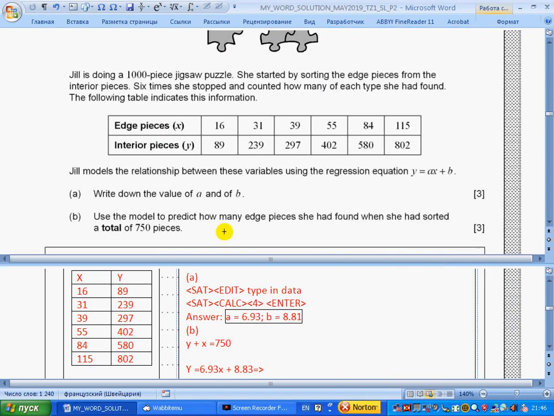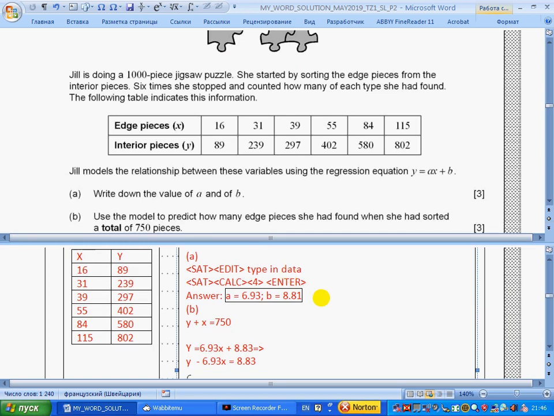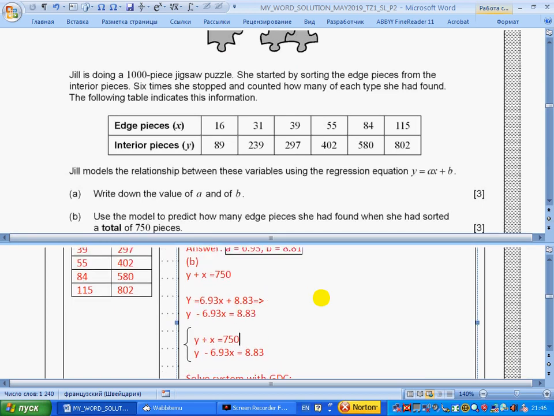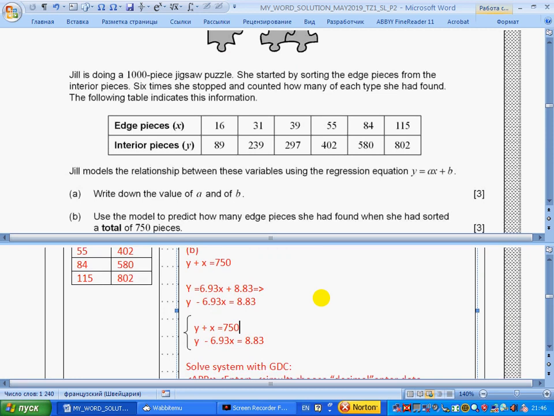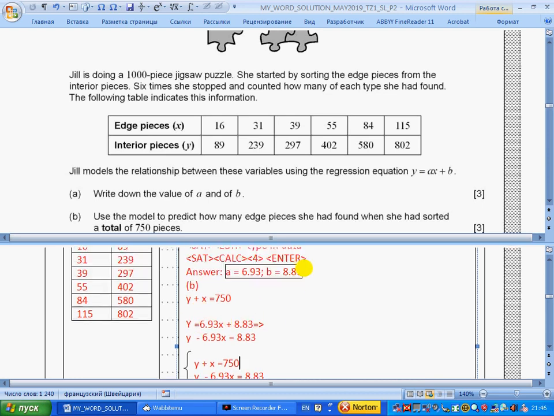Use the model to predict how many edge pieces she had found when she had sorted a total of 750 pieces. So we convert this into the following information. Total 750 pieces, it means that y plus x equals 750. On the other hand, we have y equals ax plus b, this relation that we found here.